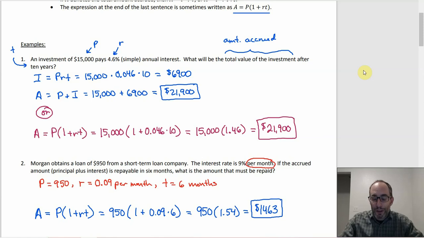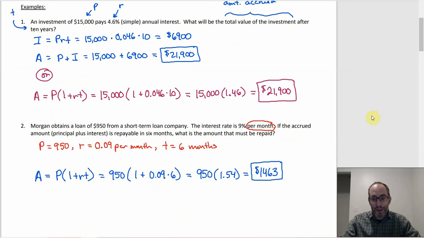All right. And if you're looking at this one, especially if you did it the other way, like if you got the interest by itself, the interest is 0.54 times 950. It's more than half of what the loan was. And if you think, that's an awful lot for 6 months, or for the interest to accumulate that much. It is, but that's how short-term loan companies work. Right? With short-term loans, it's like if you don't pay it back right away, it just snowballs.